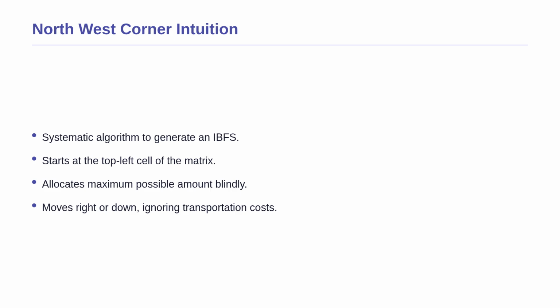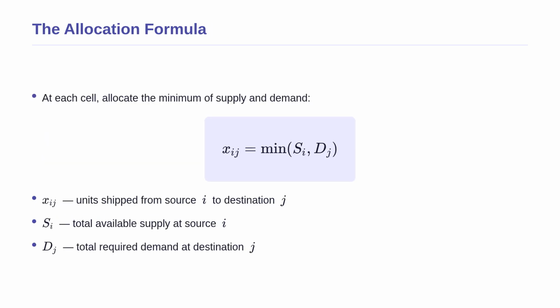From there, it blindly allocates the maximum possible amount to that cell, adjusts the remaining supply and demand, and moves either right or down. It completely ignores the actual costs of transportation, focusing entirely on speed and simplicity to give us a valid baseline.